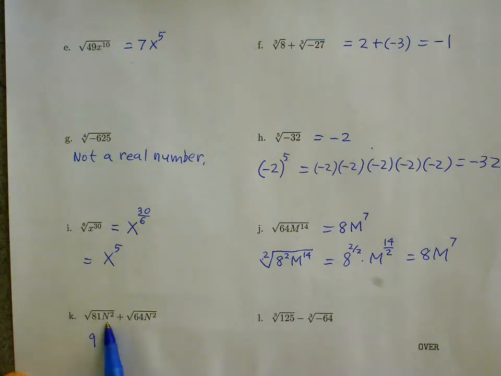The square root of n to the 2nd is n. Then we're adding that to the square root of 64 n to the 2nd. The square root of 64 is 8. And the square root of n to the 2nd is n. And we can simplify further because we're adding like terms. So this simplifies to 17n.